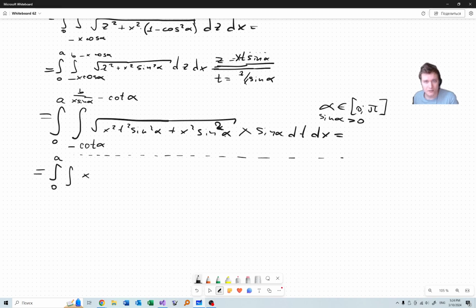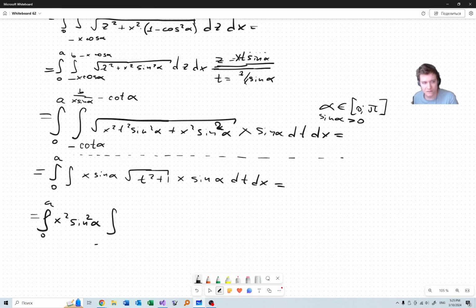Okay, so we can take this root, and we have here square root of t squared plus 1 times x sine alpha dt dx, which is simply integral of x squared sine alpha times integral from minus cotangent alpha to b over x sine alpha minus cotangent alpha.